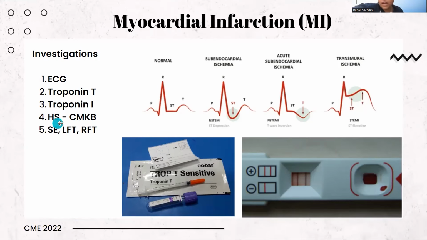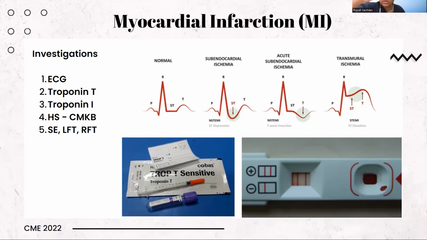Your CKMB or HS-CKMB, which is high sensitivity CKMB, is a cardiac biomarker. Because the heart muscles have started dying, they will start releasing certain substances. These are biomarkers that you can check. Troponin I, troponin T, CKMB, myoglobin, all of these are cardiac biomarkers.